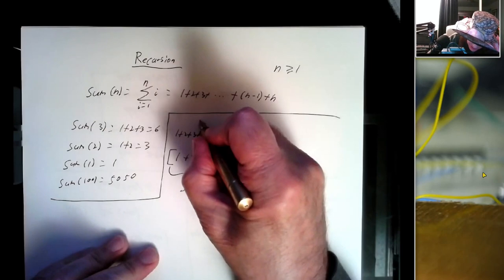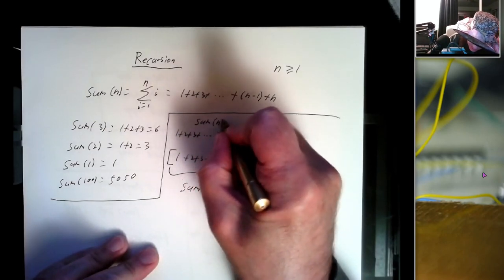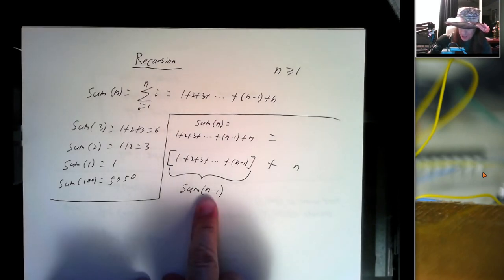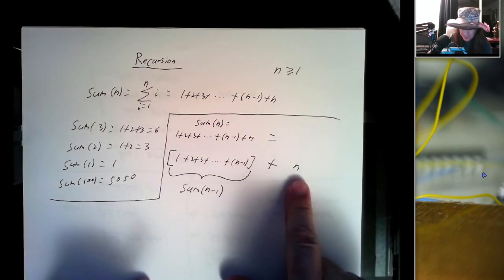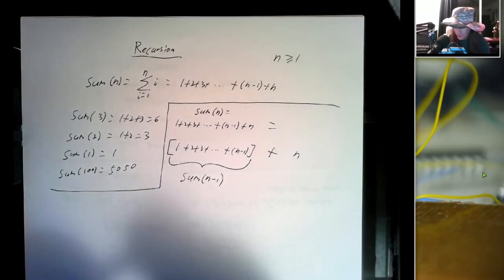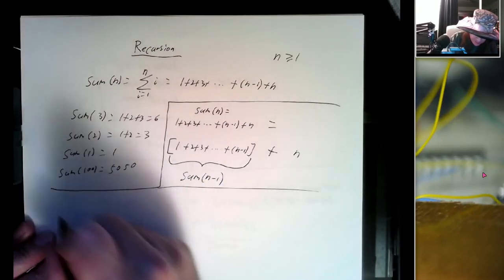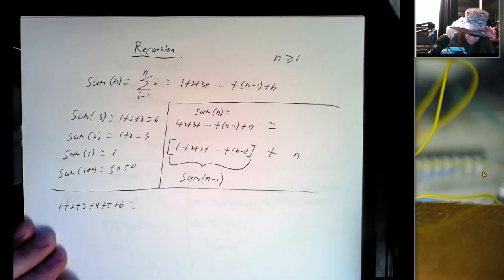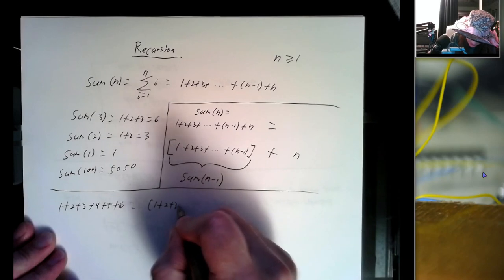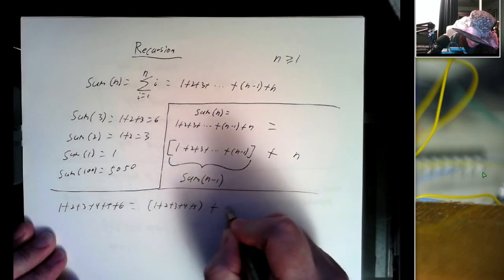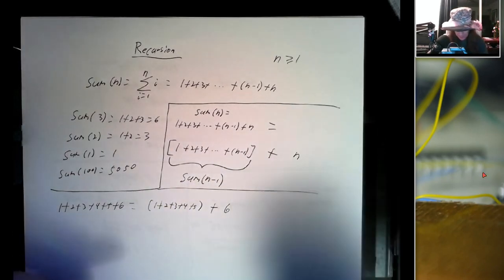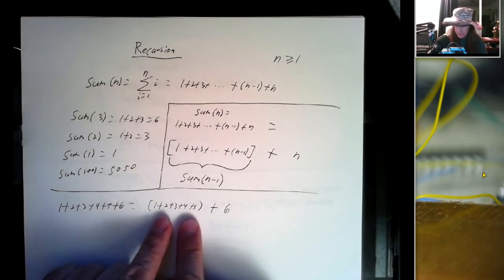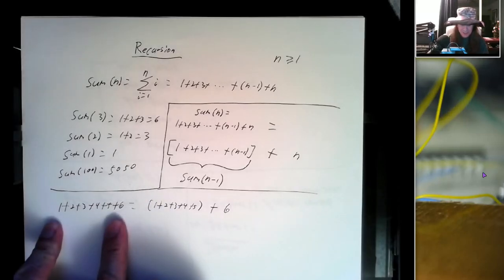And so we see a relationship here. The sum of the first n integers is the sum of the first n minus 1 integers plus good old n. Or if you want to look at this in a particular case, 1 plus 2 plus 3 plus 4 plus 5 plus 6 is just (1 plus 2 plus 3 plus 4 plus 5) plus 6. But what this means is if we had a way to add up the first 5 integers, we could easily figure out the sum of the first 6 integers.